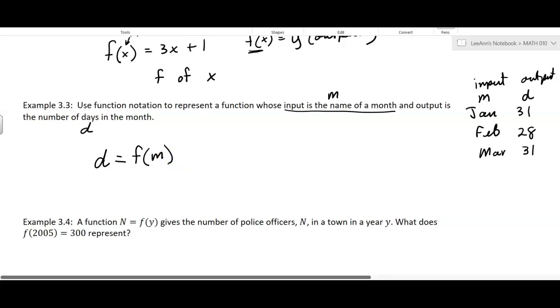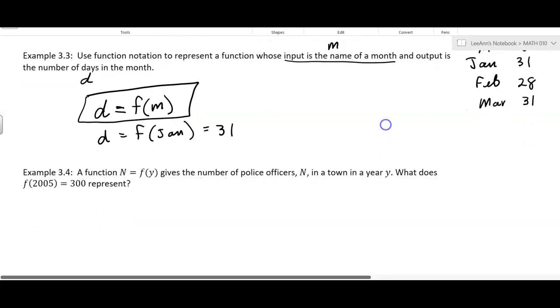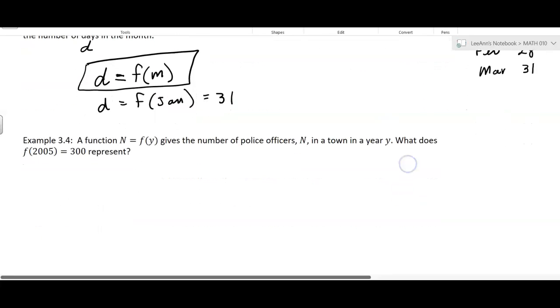Now, we don't know what that is. We can say, well, d equals f of January, and f of January equals 31. You say something like that, okay? But this then is the function notation that we're talking about. If you don't understand that, don't worry about it too much, okay? Because we're going to do other things.